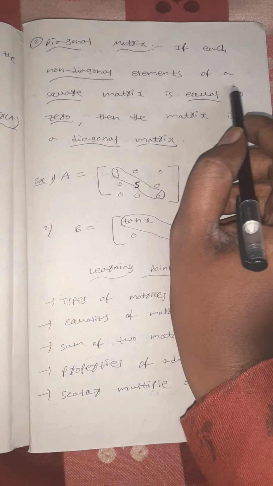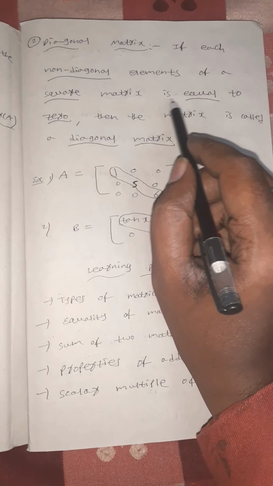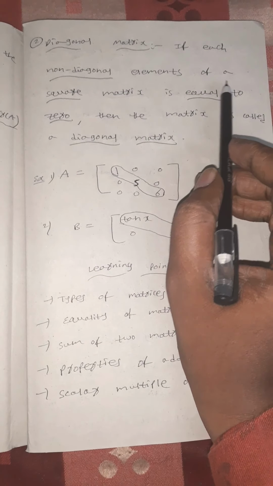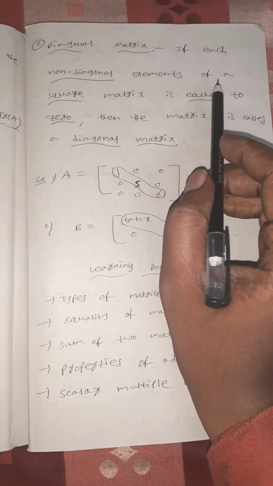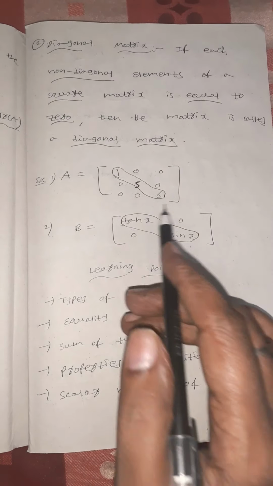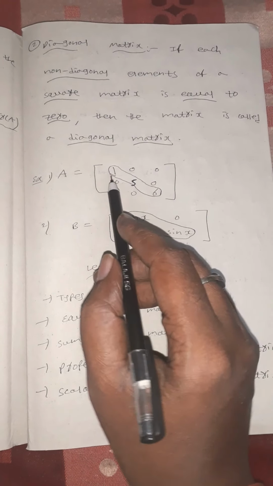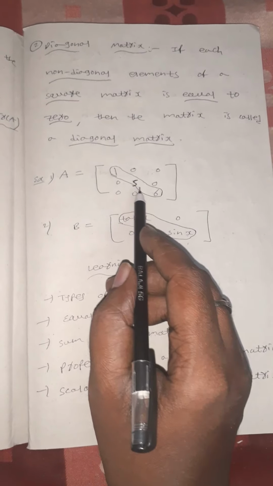Next one. If each non-diagonal element of a square matrix is equal to 0, then the matrix is called a diagonal matrix. Non-diagonal elements means these are non-diagonal elements, and this part is known as diagonal elements.